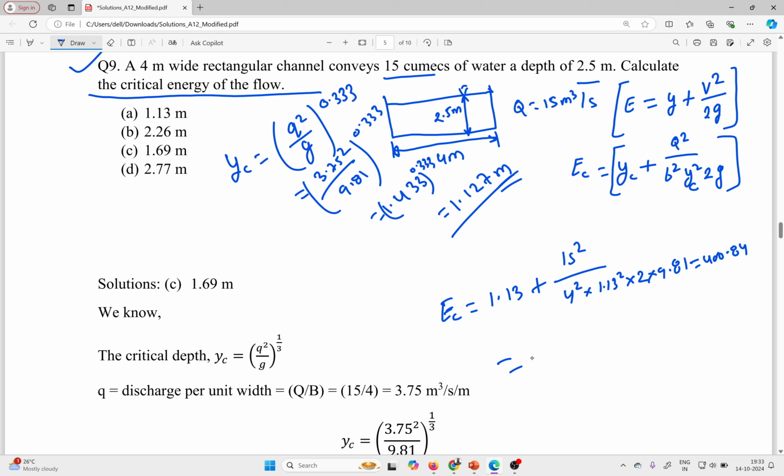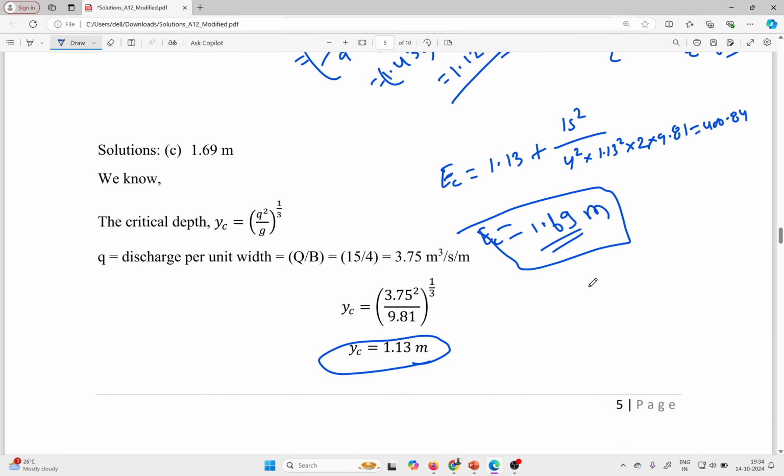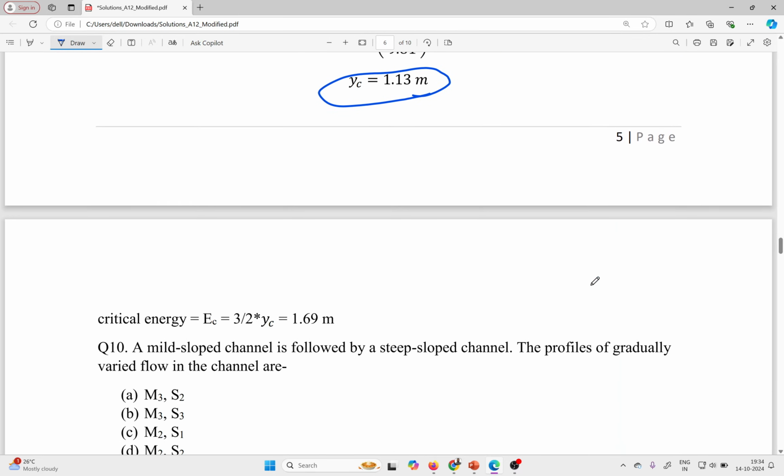So 1.69 meter. So this is the overall calculation, how you will calculate. Now we'll move on to the next question.